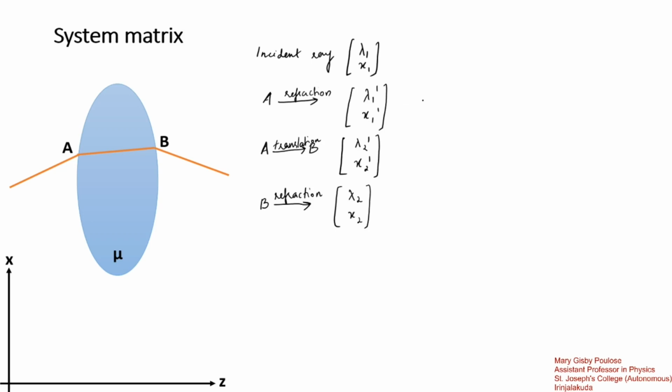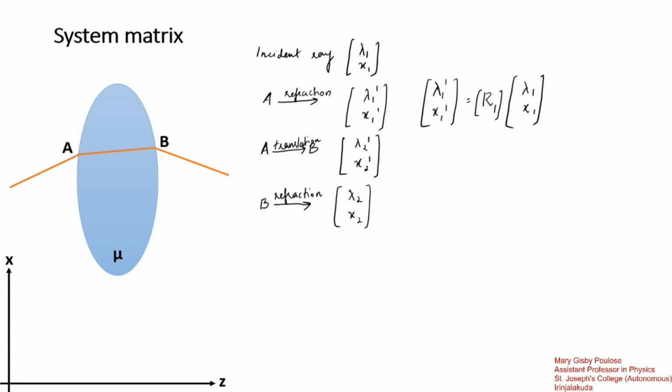So at A, after refraction, I can write the ray coordinates lambda1 prime, x1 prime is equal to the refraction matrix at the first surface upon the incident ray lambda1 x1.